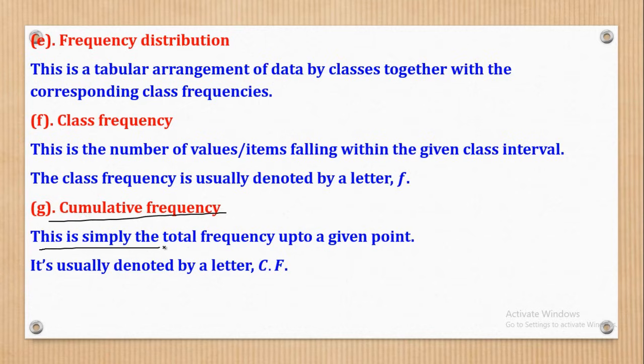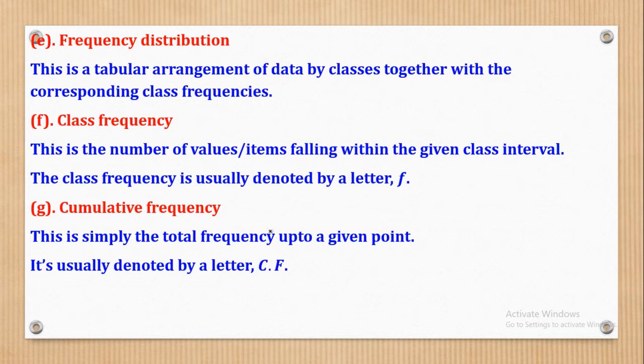This is simply the total frequency up to a given point, and it is denoted by capital C dot capital F. There are two ways: you can either note it by CF or denote it by capital F. But the reason we encourage C dot F is that some students fail to distinguish small f from capital F, and if you fail to distinguish the two, then it is a disaster.